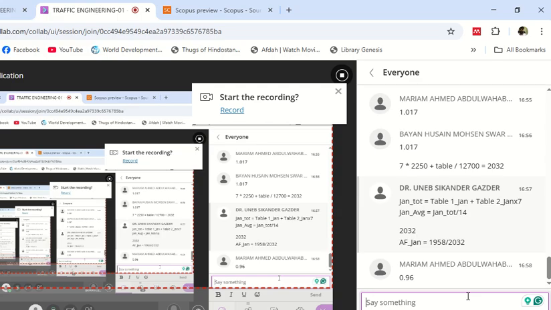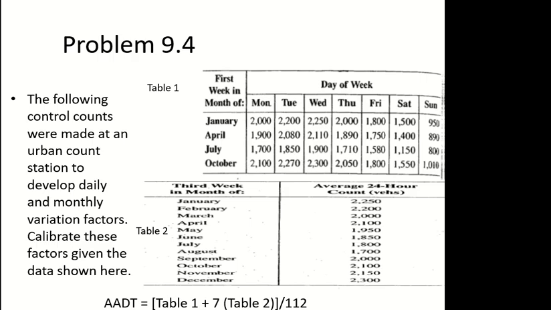Okay, then for February. Now pay attention. February, do I have February in table 1? No. There is no extra data for February. Now the value for February 2200 here is already an average. The data is taken for 7 days and I have the average of 7 days. So nothing to be done for February.